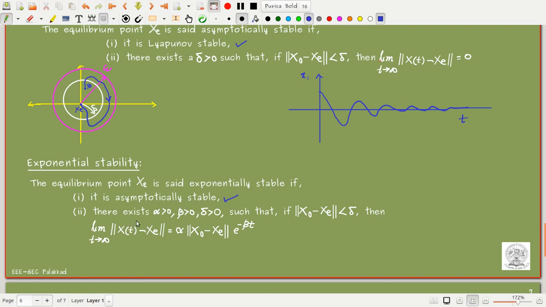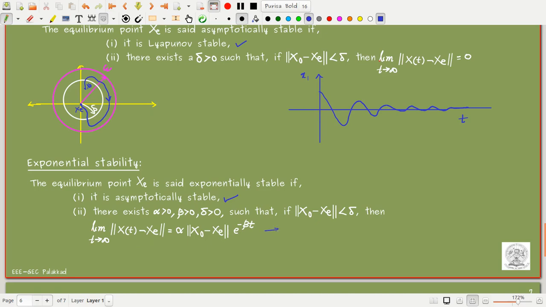The next condition is that there should be some alpha greater than 0, beta greater than 0, and I should be able to give you some alpha and beta, and show that if I have an initial condition lying inside the delta ball, it has to approach, that means this has to be equal to 0.